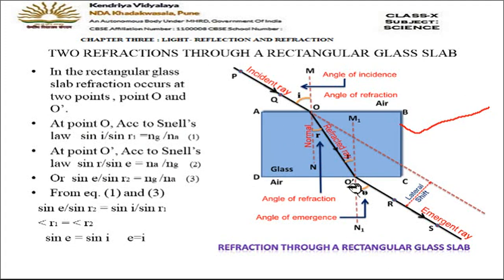At two points refraction has occurred. When the light enters, refraction occurs, and when the light exits from the rectangular glass slab, then also refraction occurs. At both the points we have drawn the normal, and angle I is always equal to angle E here. This is the angle of emergence, and the inner both angles are angles of refraction.